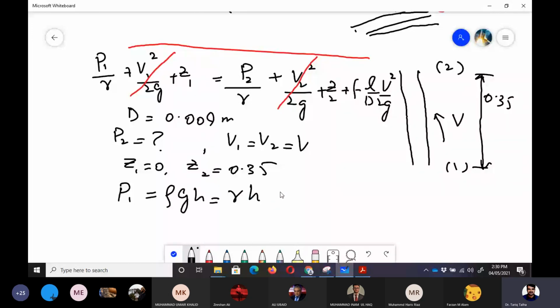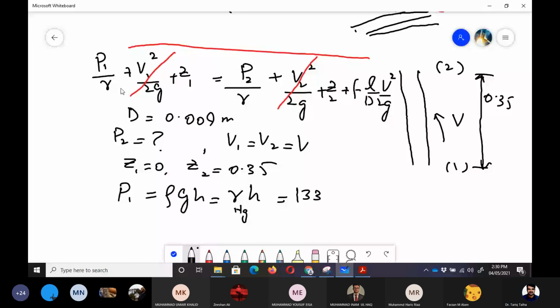So the gamma value for mercury Hg, because this height is given in terms of mercury, is 120 mm. So gamma, that is 133 kilonewton per meter cube. Here it is gamma of blood.